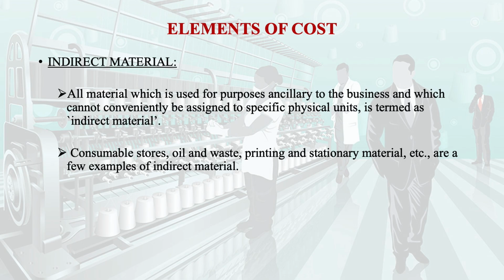They support making the product, so they are not directly involved as a material. Indirect materials are those materials which are not part of the product, but they help in producing that particular product. Another important element is called the labor cost.